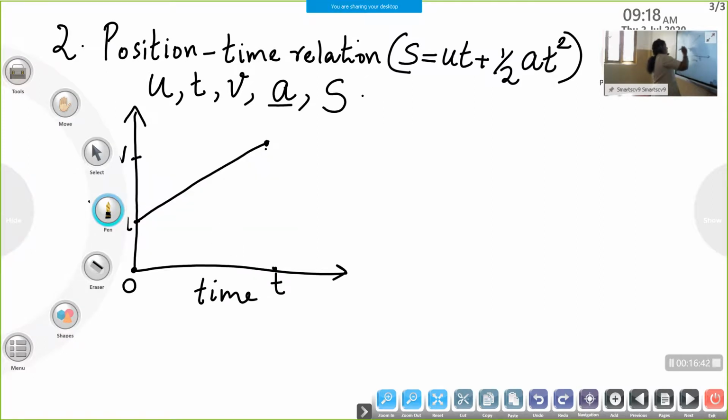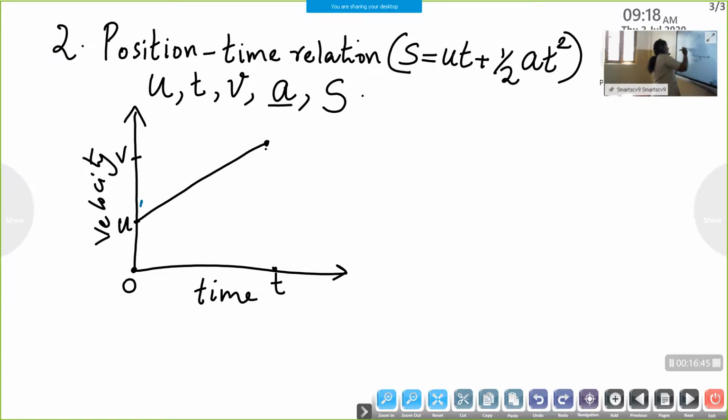AB is a graph with a slope because it is uniformly accelerated motion. Okay. Then I am going to mark this point as C.